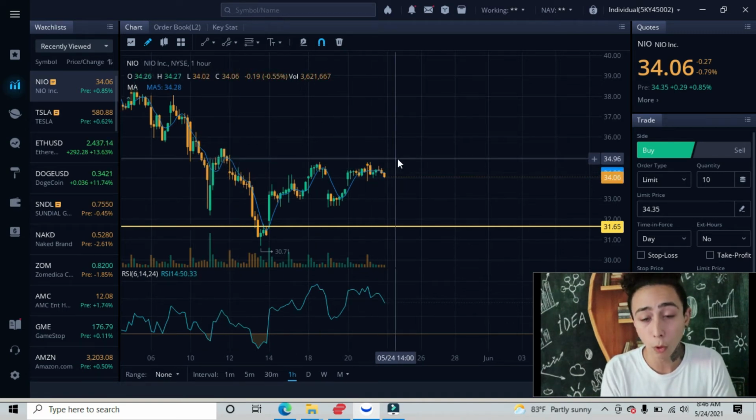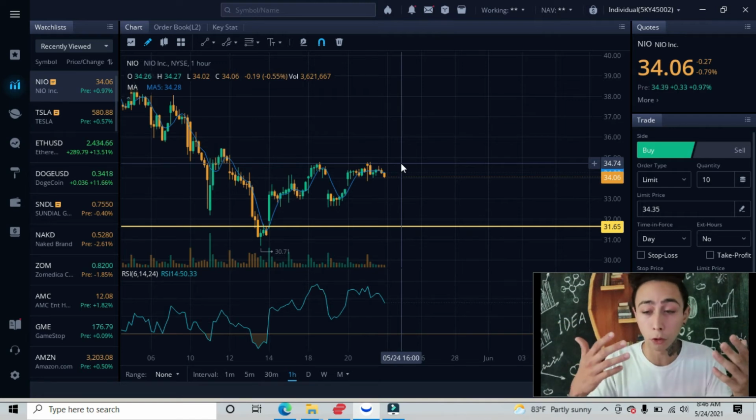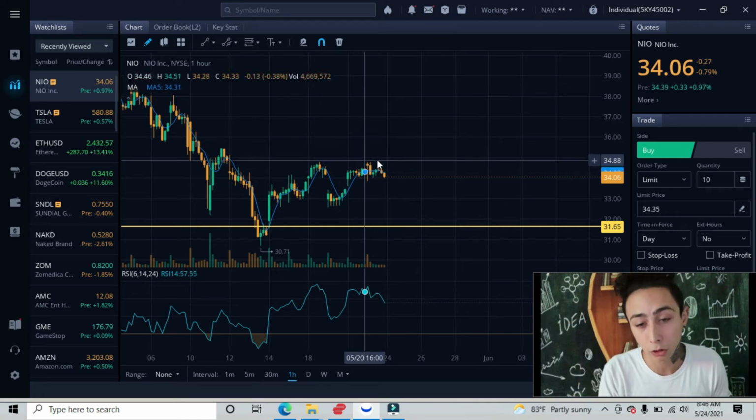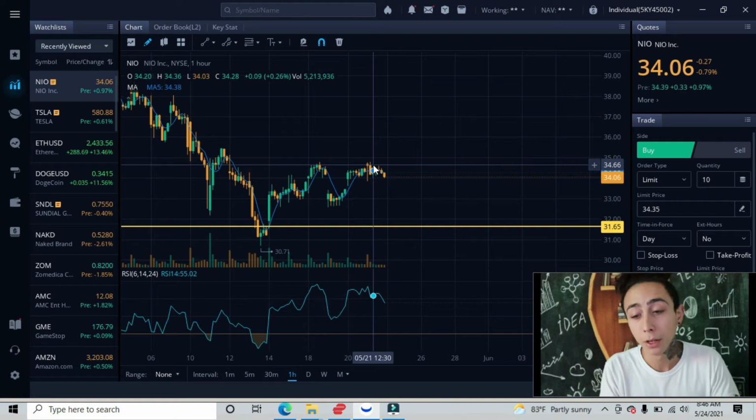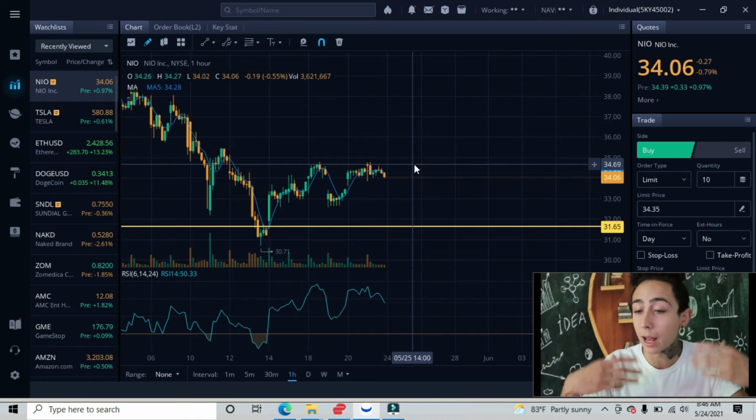What we want to see is this break past the 34.74 area to further confirm that buyers are stepping up, and it'll prove that we're starting this reversal and not getting rejected. So hopefully not. If we can break past this 34.66 area, come back down and retest that as support, and create that higher low that we like to see, then that would show the relative strength that we like, and show us that we're trying to create this reversal.